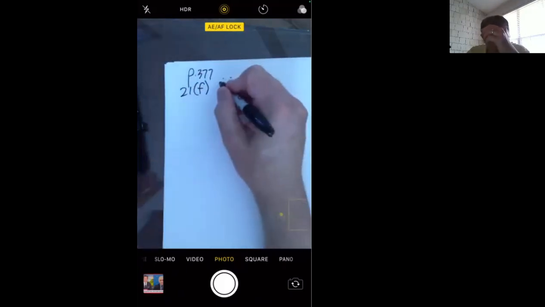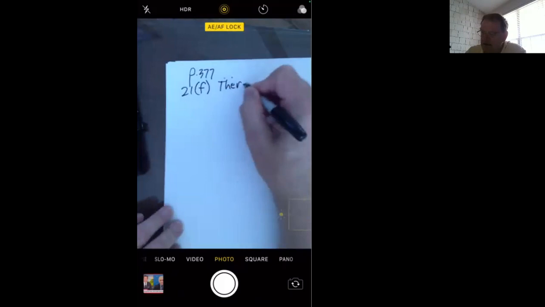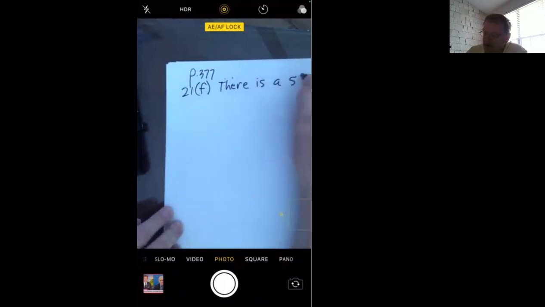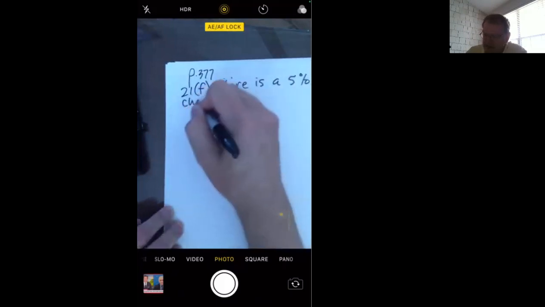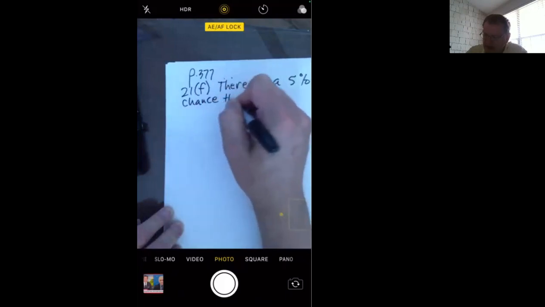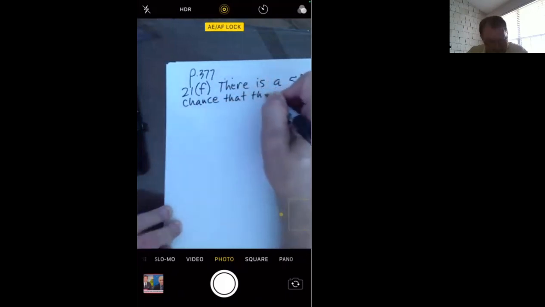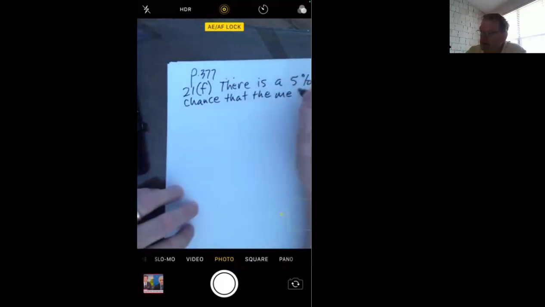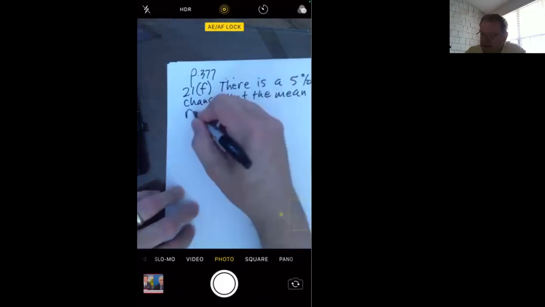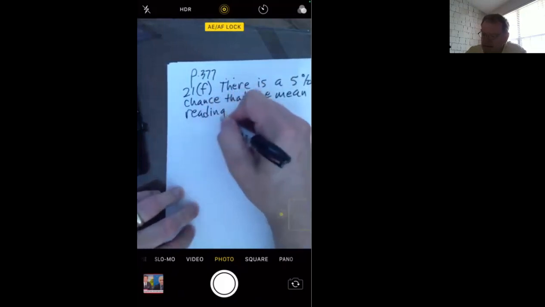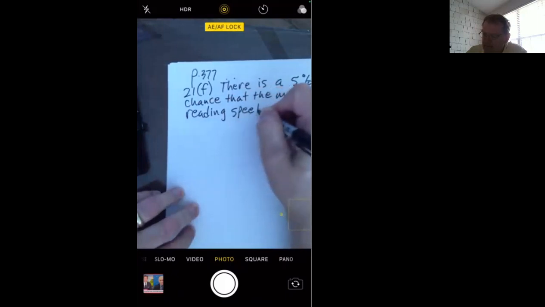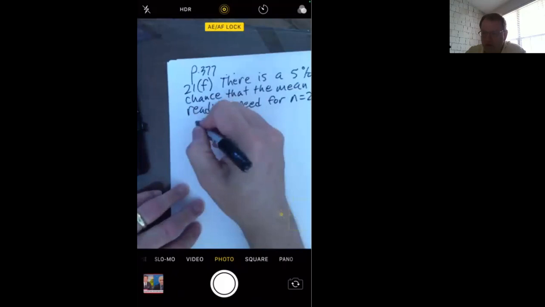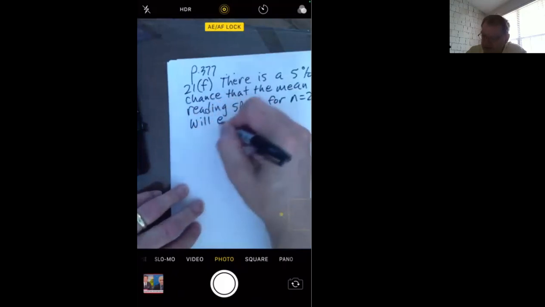There is a 5% chance that the mean reading speed, and I'm going to shorten it up a little bit, n equals 20, will exceed what value?